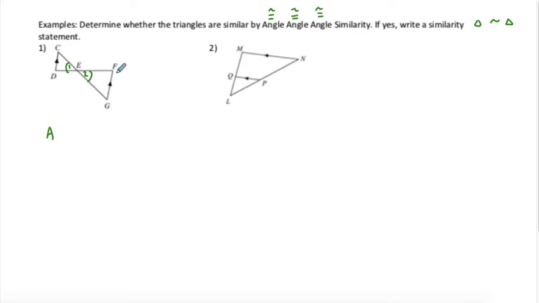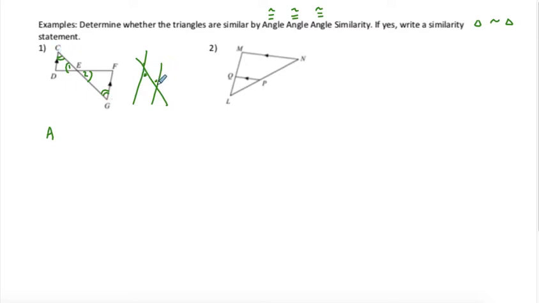Parallel lines here, cut by a transversal, notice that I'm going to get alternate interior angles. I'm going to put 2 here. These two are alternating on the inside of those two parallel lines. One's here and one's down here as we look at those two angles.